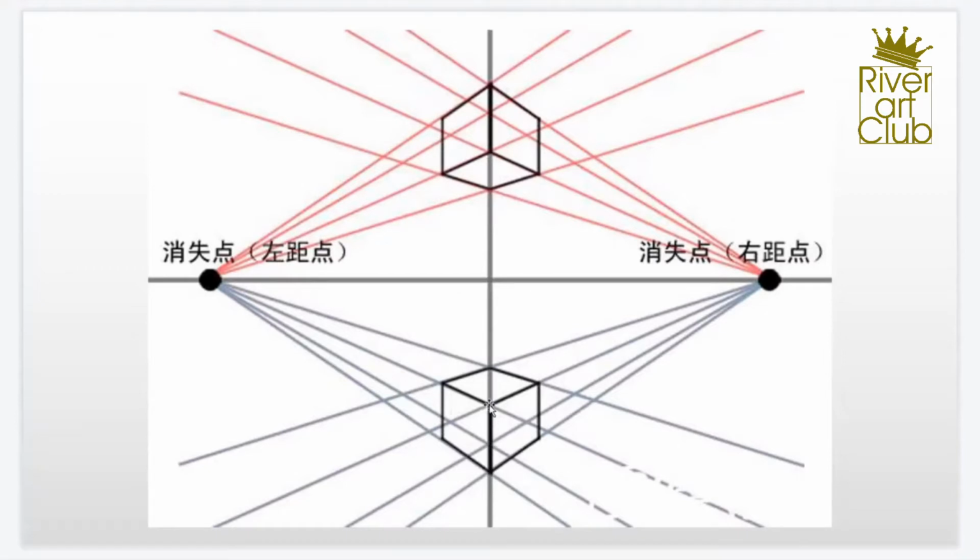we should draw a vertical line first, and then from these two ends of the vertical line, we can connect to these two points, and connect every point together.